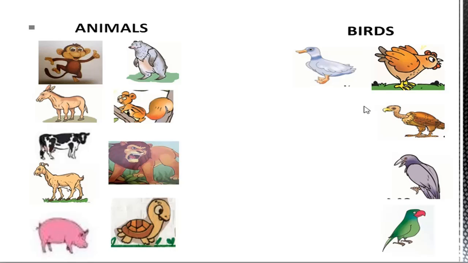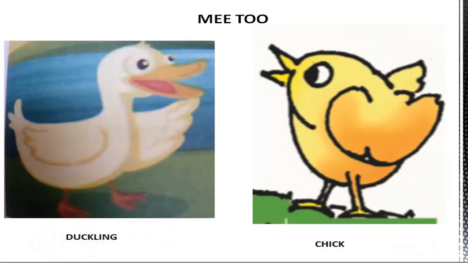Today we are going to start our second chapter. You know what's its name? Me Too. So from this chapter, who are the characters you know? Yeah, the two characters we can see. Yes, duckling and chick. All of you clear?